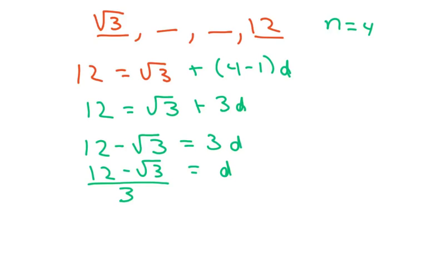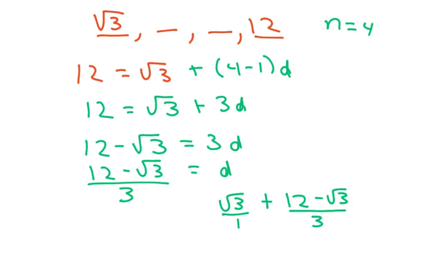So now all we have to do is add this to our terms. So we're going to add, let's see, square root of 3 plus 12 minus square root of 3 over 3. And that's going to give you, if you write this out, we have to have the same common denominator.